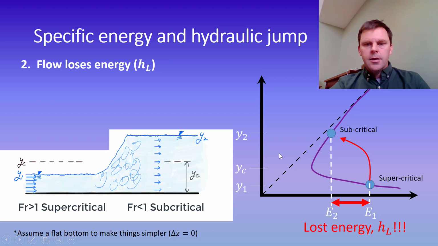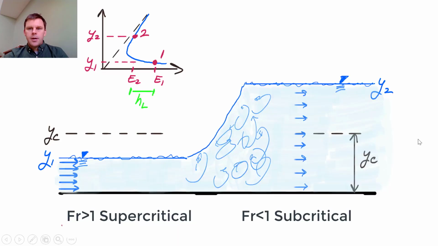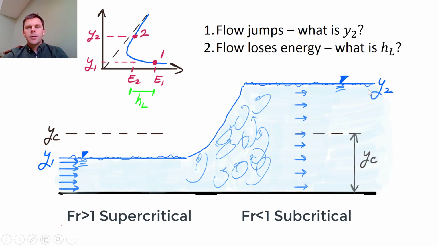So in essence, we want to quantify two things. Number one, what is the downstream depth given the upstream depth? What depth will it jump to? And the other one is, what is the head loss? So what is the leftward shift on the specific energy diagram?